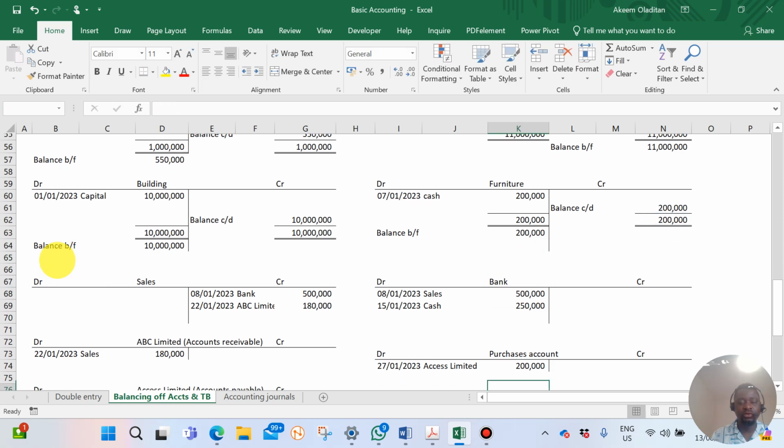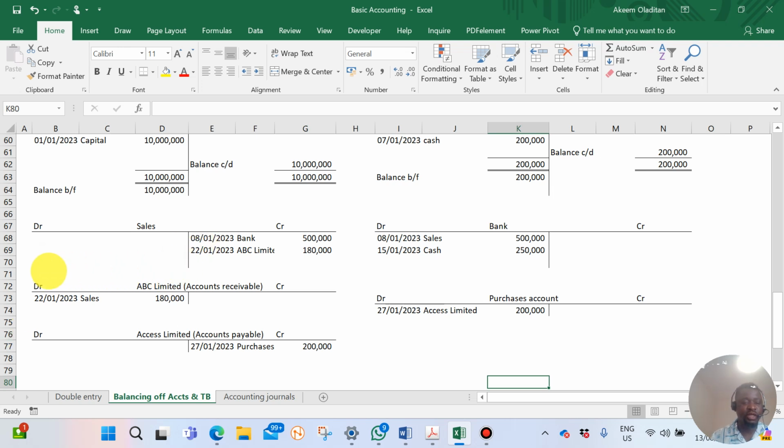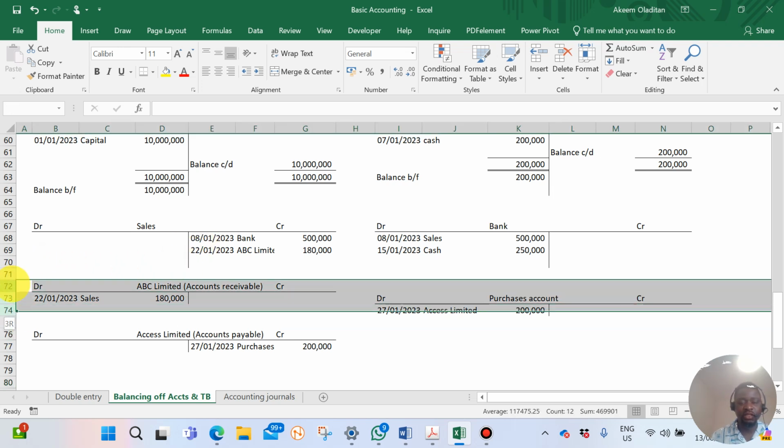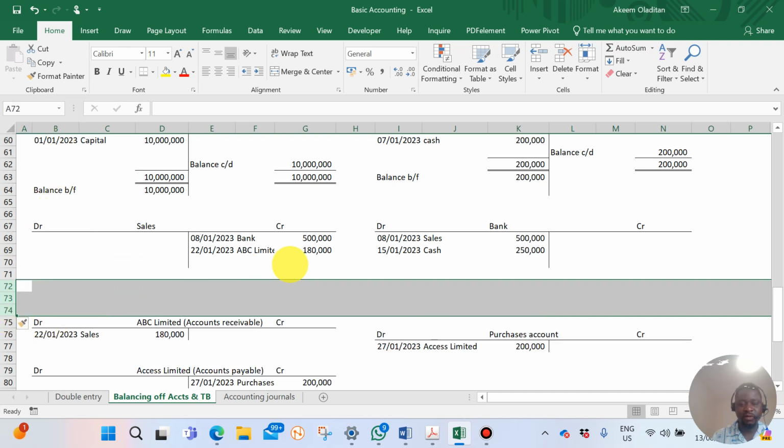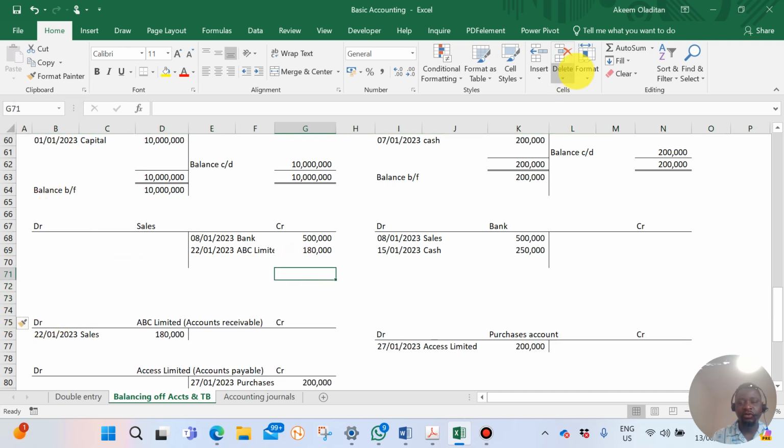For the next one, we have 4 or 5 different accounts to balance, so let's give it a space here. We'll do just the same approach for all accounts. This one has figures of 680. This one doesn't have anything.